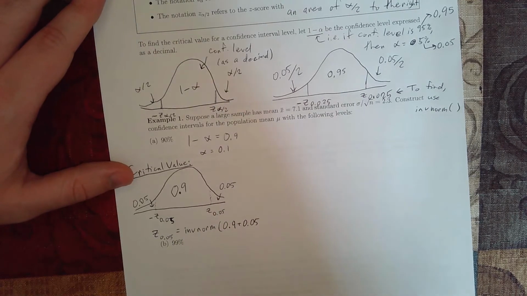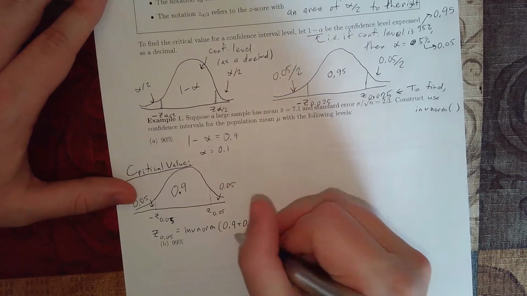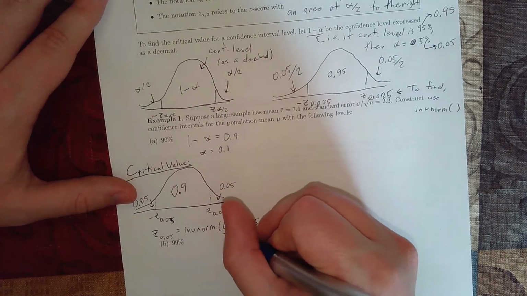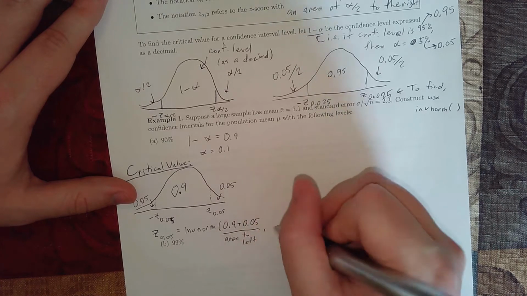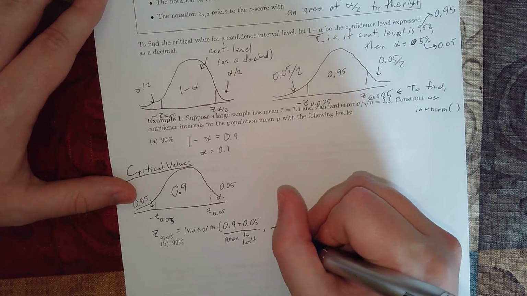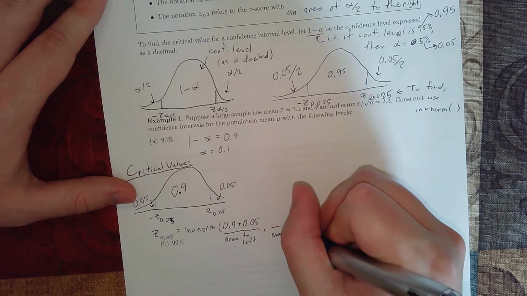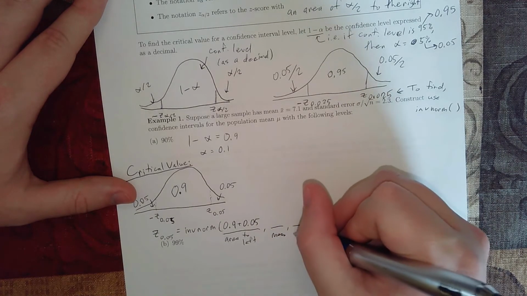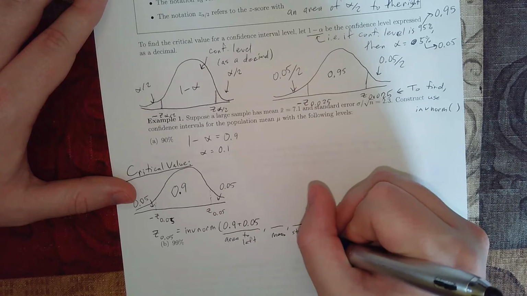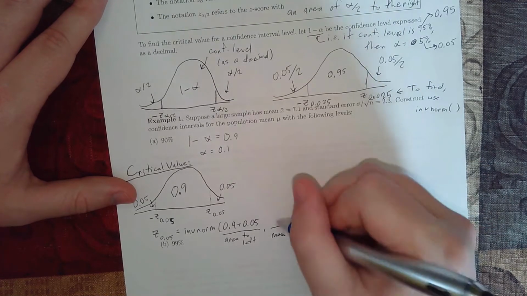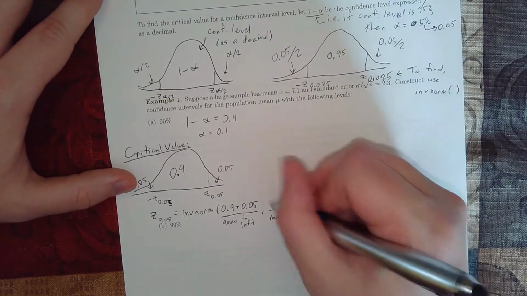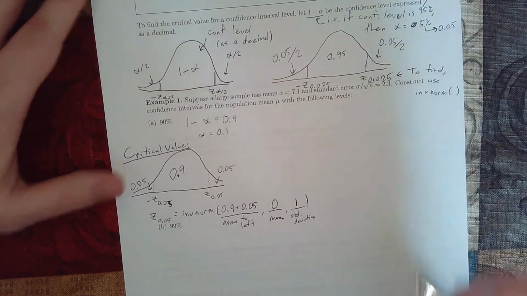The inverse norm takes the area to the left, it takes our mean, and it takes our standard deviation. Remember, for z-scores, the mean is 0 and the standard deviation is 1.